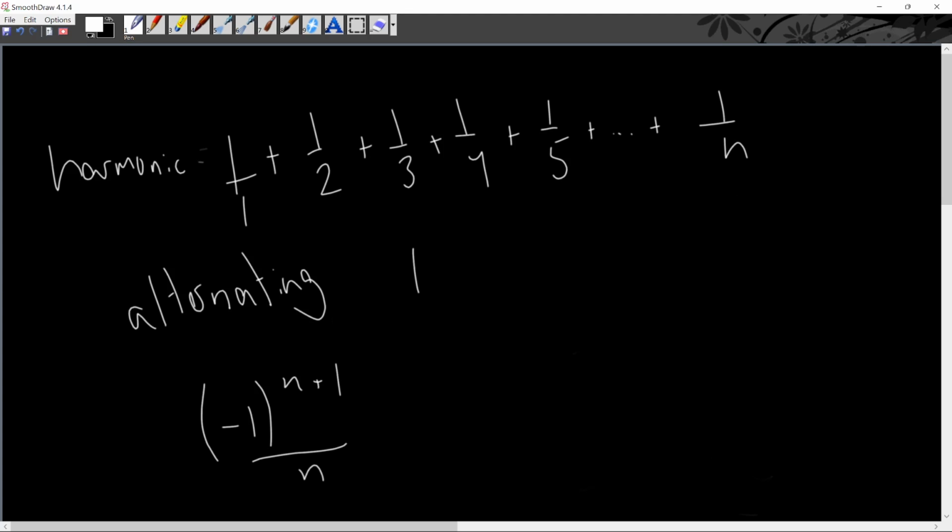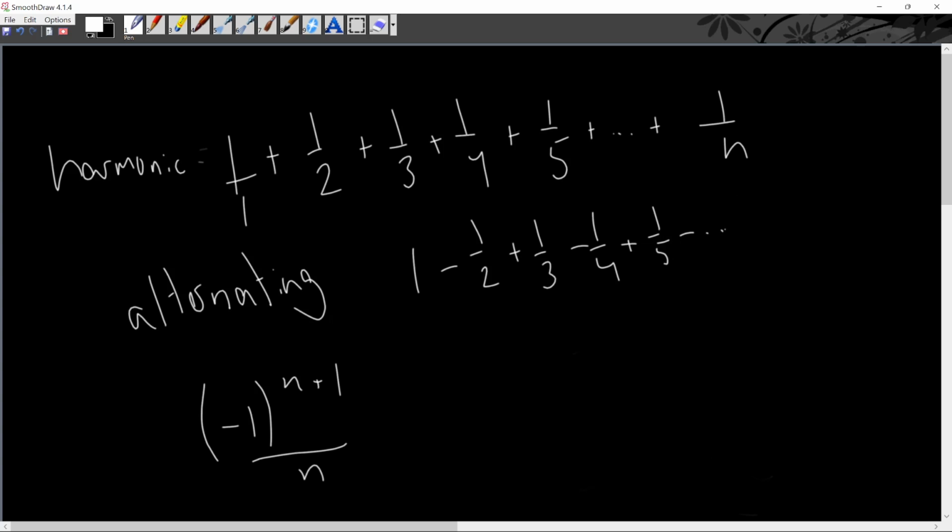We're going to have 1 minus 1/2, right? Let's plug in n is equal to 2. You're going to have negative 1 to the third power, which is negative 1, over n is equal to 2. So negative 1/2 plus 1/3 minus 1/4 plus 1/5, and then on and on.